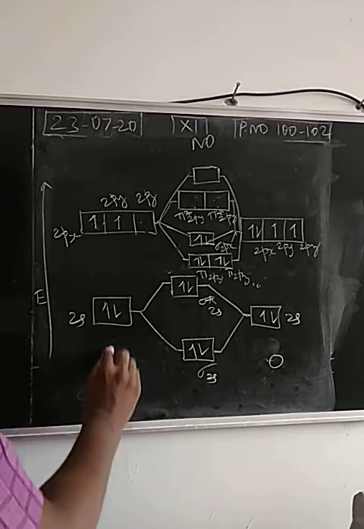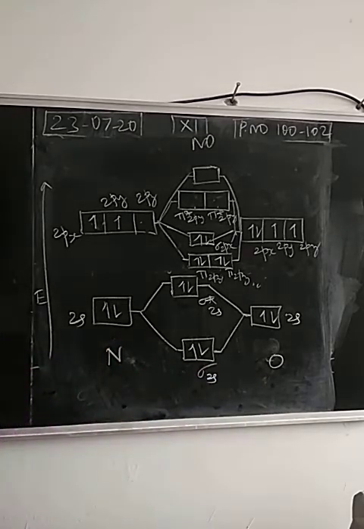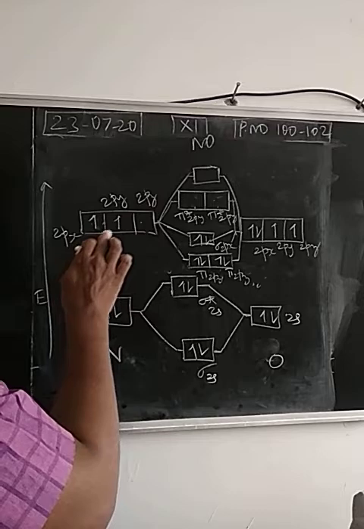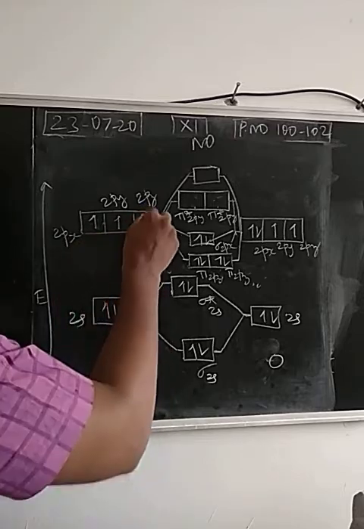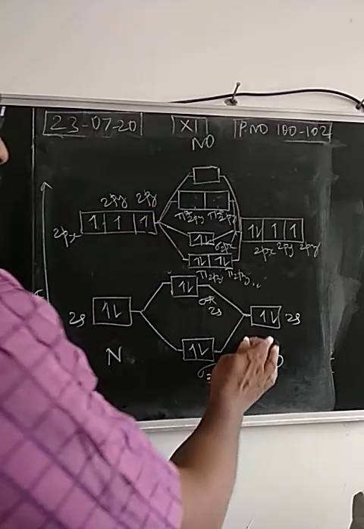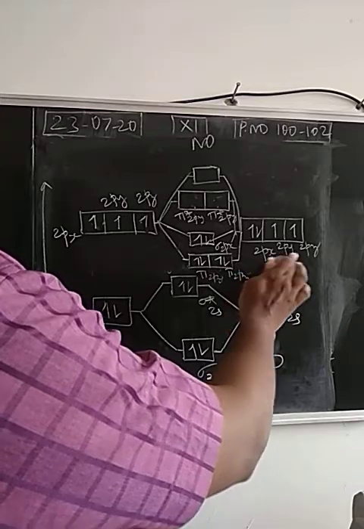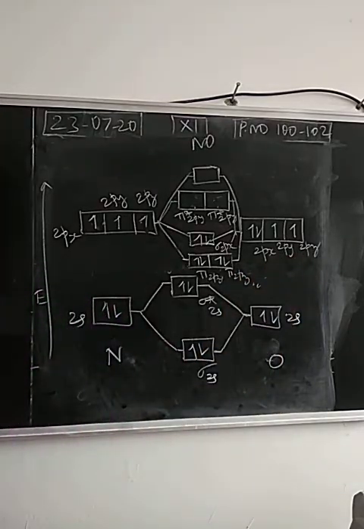Nitric oxide. Nitrogen and oxygen atoms will combine together to produce the nitric oxide molecule. Electronic configuration for nitrogen: 1s2, 2s2, 2px1, 2py1, 2pz1. Oxygen: 1s2, 2s2, 2px2, 2py1, 2pz1. Now total number of electrons: left hand side 5, right hand side 6.